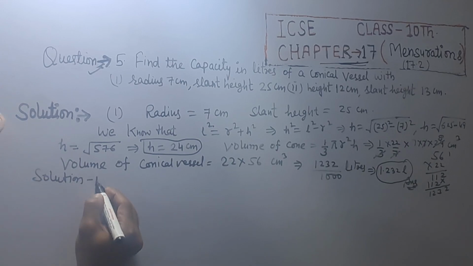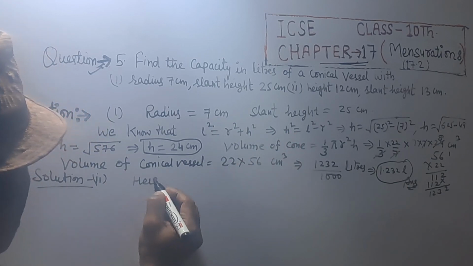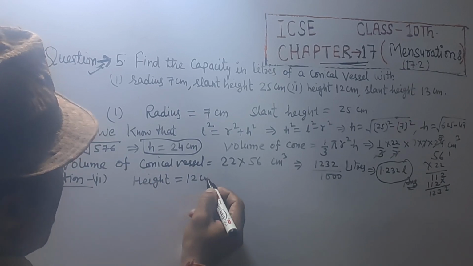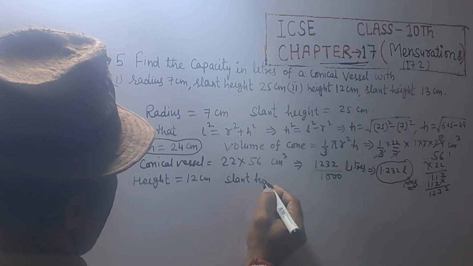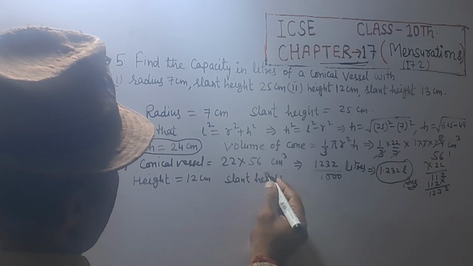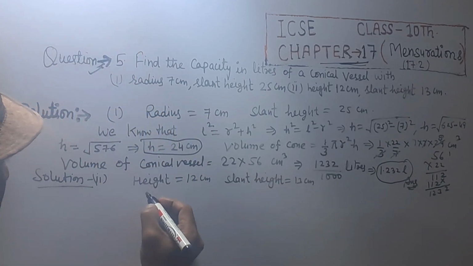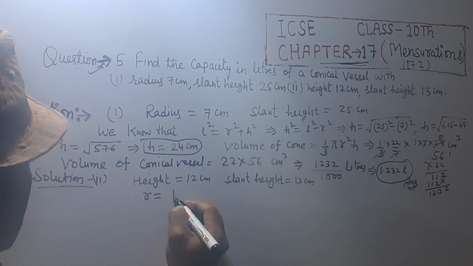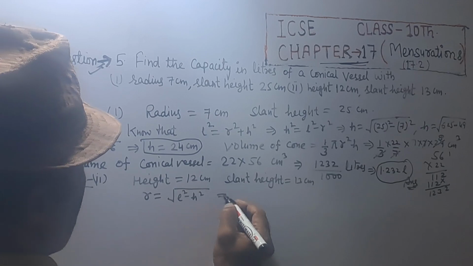Solution of second part. Height is equal to 12 centimeter. Slant height is equal to 13 centimeter. We find R, that is equal to L square minus H square.